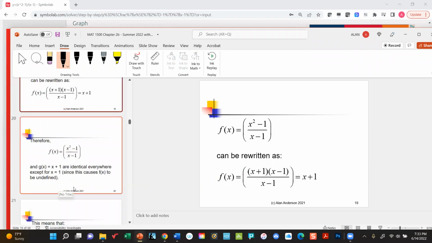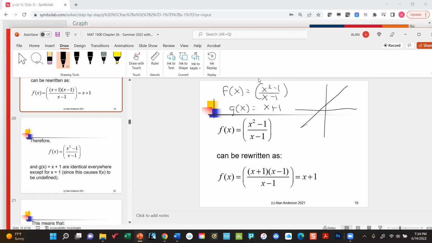So basically, if we let that represent g of x, the f of x is the one we just saw.